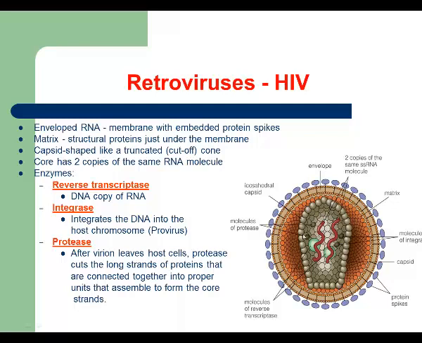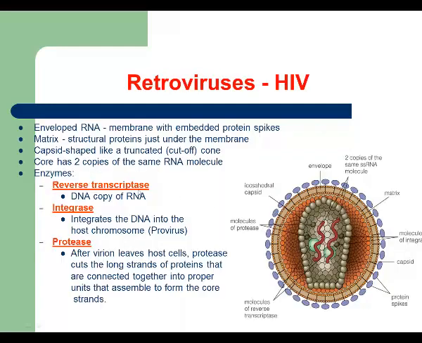And then the nucleic acid is covered with a capsid, which is made of proteins. On top of the capsid, HIV virus has an envelope. And as you see, there are a lot of spikes protruding from the surface of the envelope.